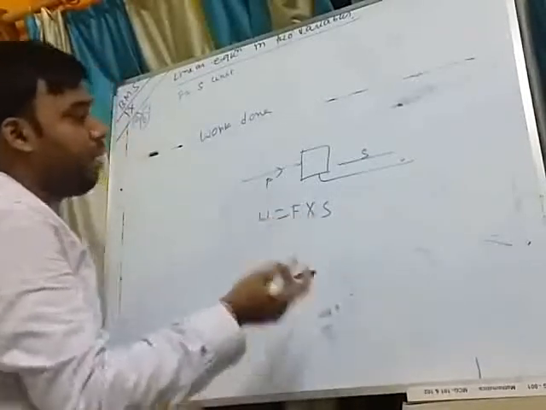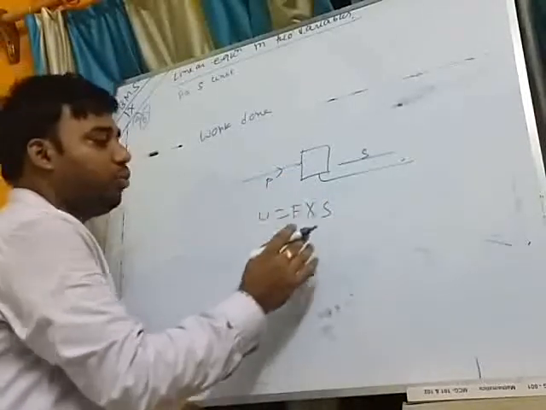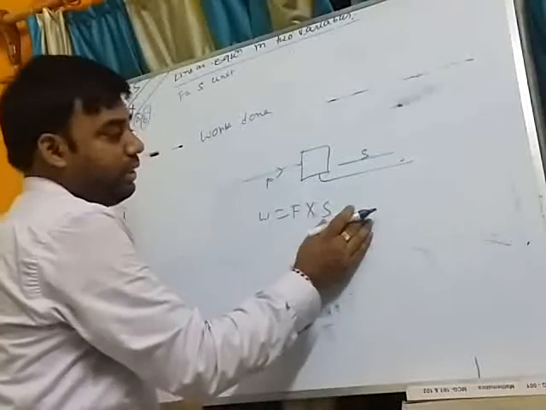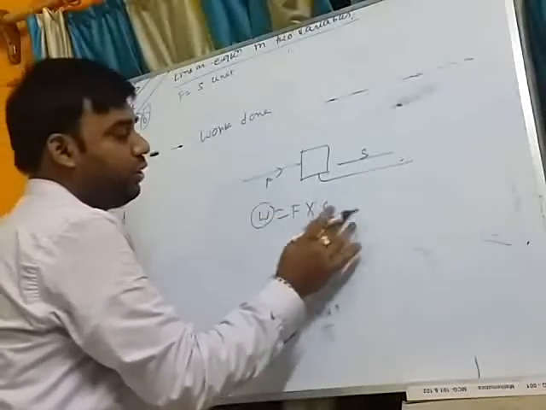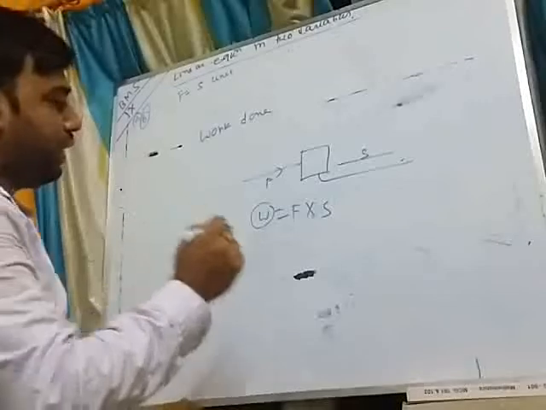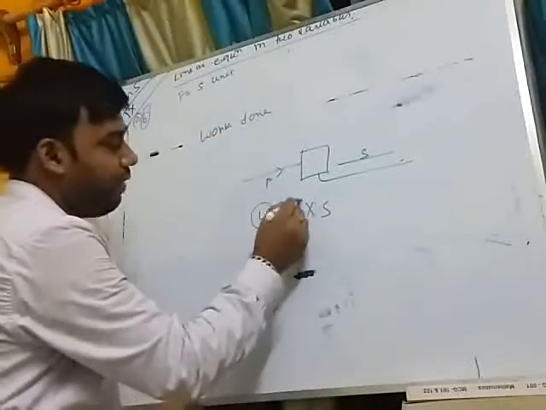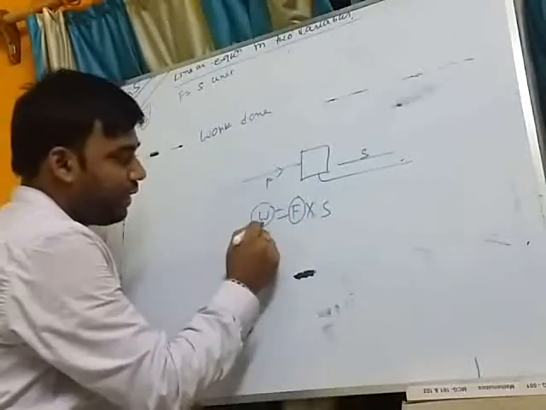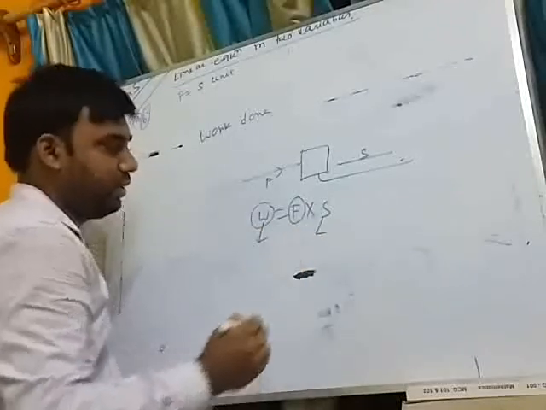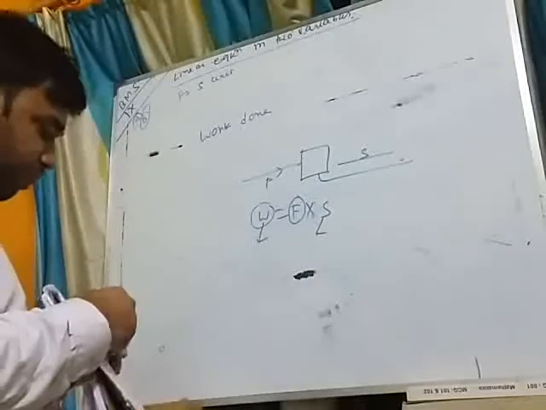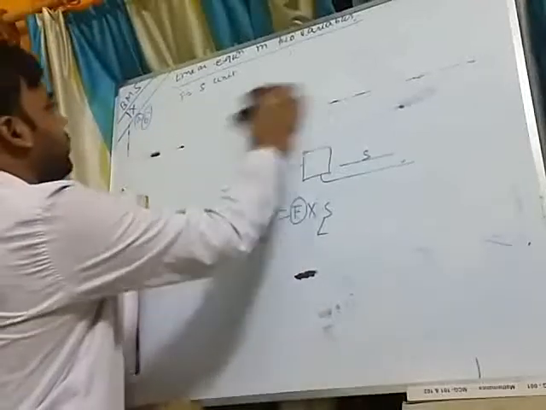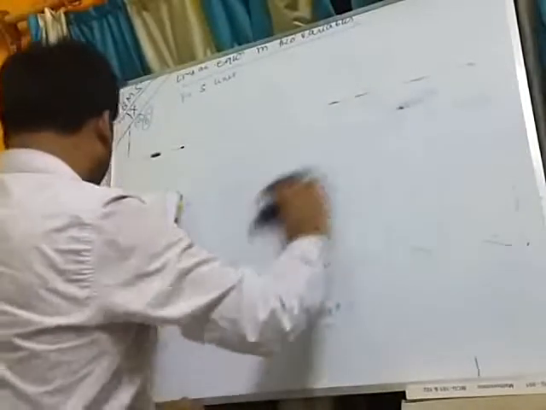Work done means if you apply a force on a body and the body moves a distance s, then work done is equal to F into s. So here it is given that F is constant. F is constant, so there are two variables, that is W and S. Okay. Now coming back to the question, the constant force is 5 unit.